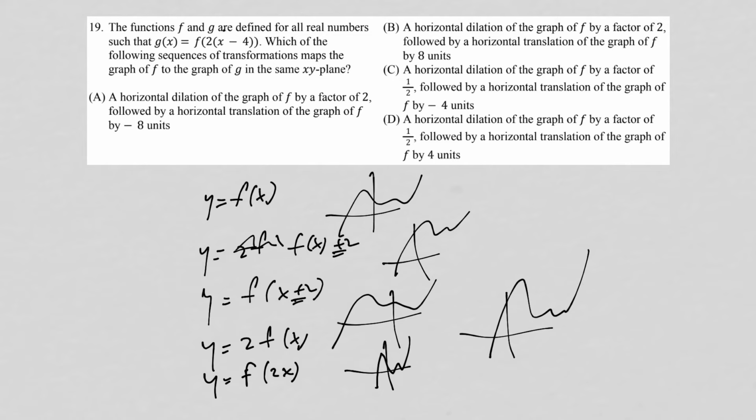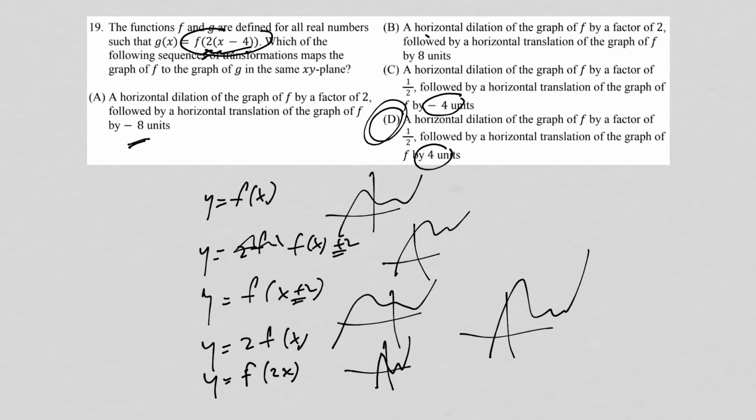So when I see this, I see a horizontal compression because of the 2 and a shift of 4 to the right. Some people are tempted to distribute this to get 8, but you should not. It is 4 units, and it's 4 units to the right. This is actually the only one that has that.